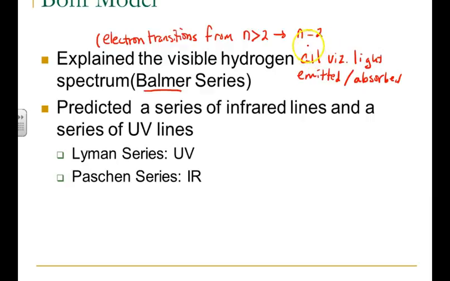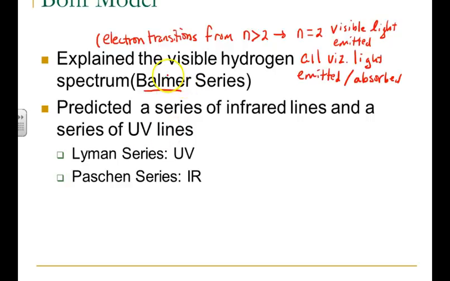So whenever an electron transitions from a high energy level above 2 down to energy level 2, visible light is emitted. And likewise, if we had visible light absorbed, it was going to be an electron that was in energy level 2 being bumped up to an energy level that's higher than energy level 2.